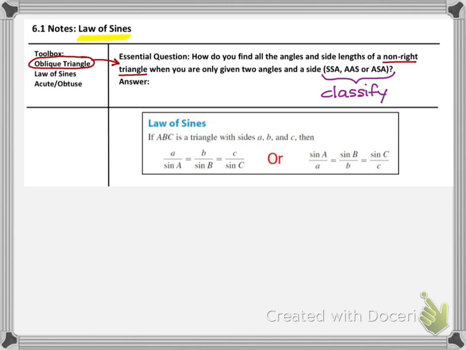Now, you might realize that these two right here that I'm underlining, AAS and ASA, they look very, very familiar. So in order to be able to differentiate between these two, here's an example of an oblique triangle given some measurements, okay? So let us say that the angle that I've given you here is 120 degrees.